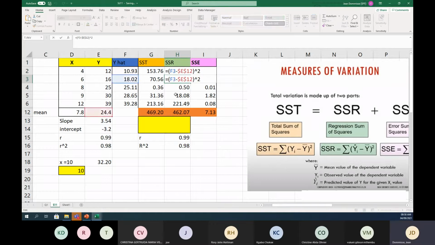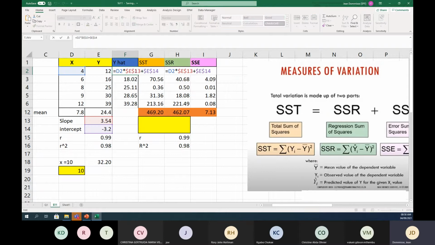Just want to make sure what happened now. Gene: Yes. The SSR, the y hat, is it the total of all the y hats minus the mean? No, it is the y hat that I've calculated. So here is my formula for that.